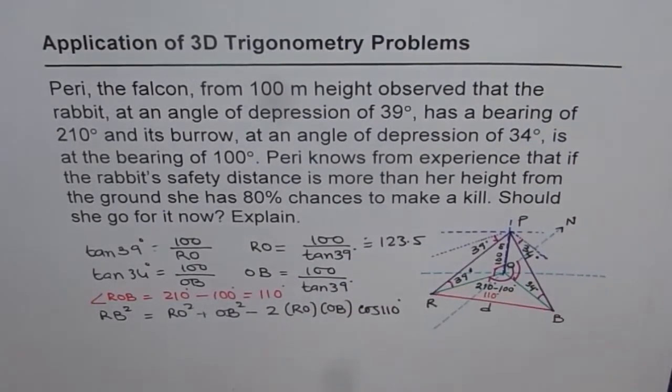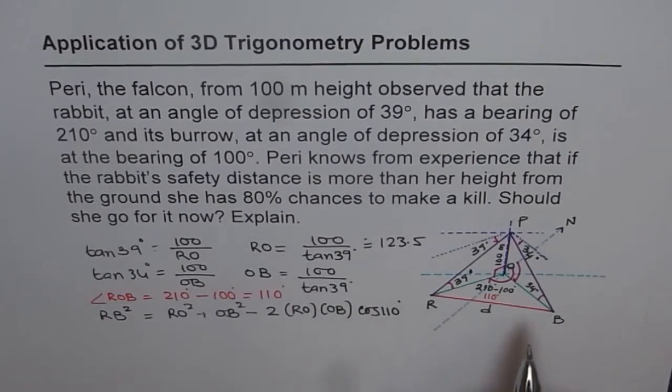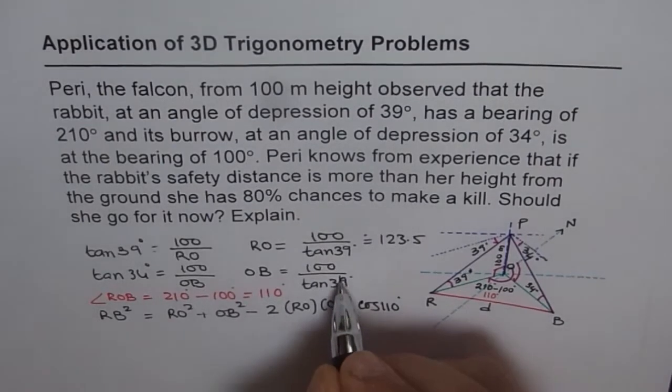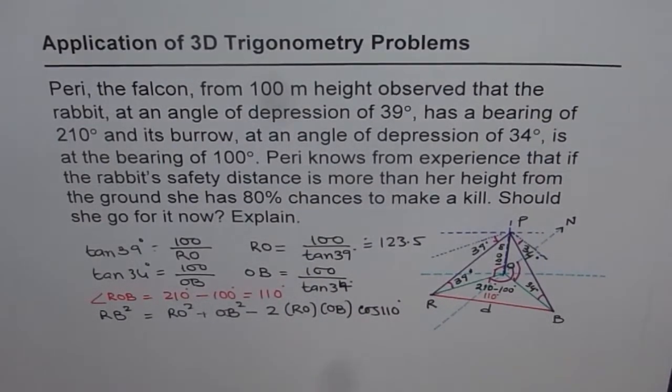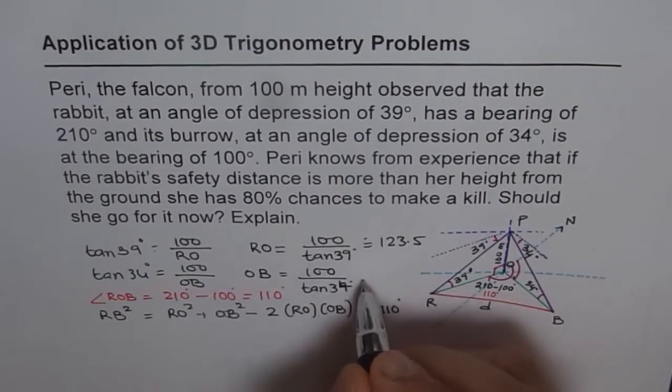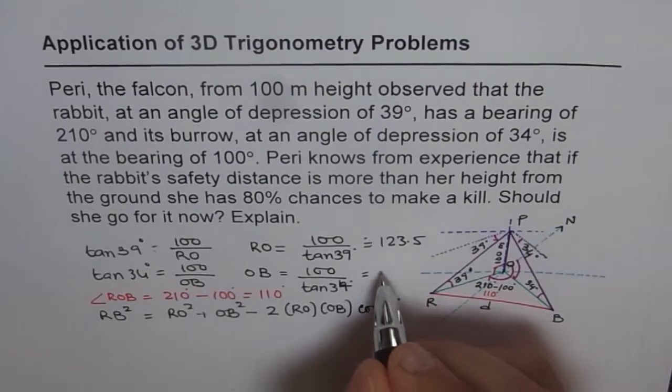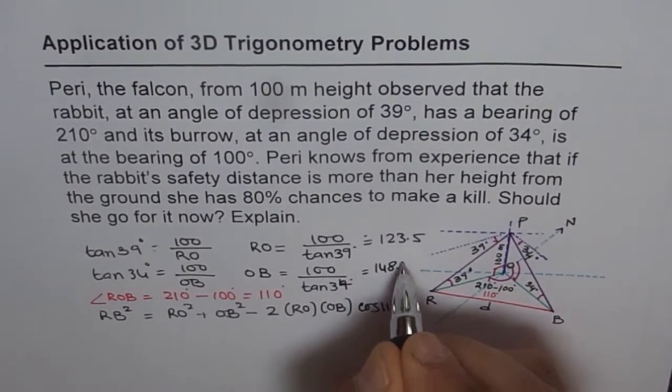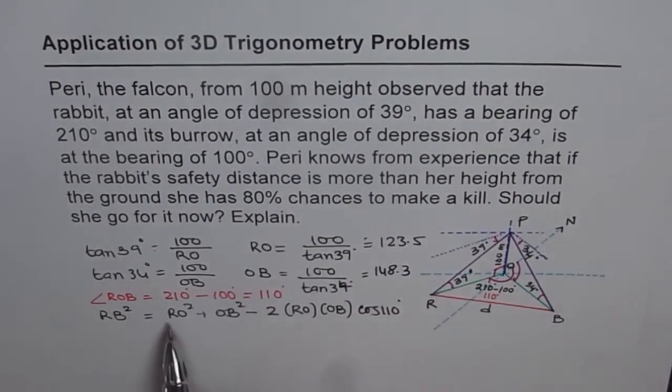Now we'll do 100 divided by tan of 34, since this was 34, not 39, which equals 148.25, so I'll write 148.3, right?